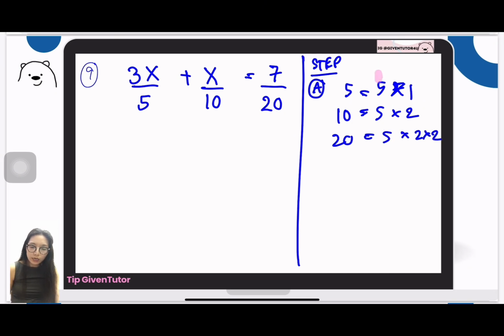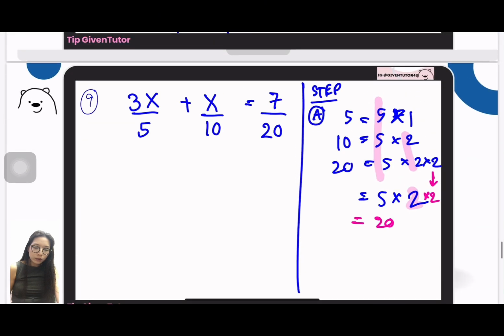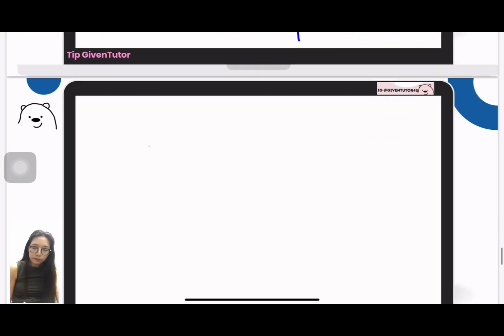So what we have right here is the 5 first, and then the next is the 2, and then the 2 again. The first will be written down in here too, so the 20. After we understand this one, copy for number 9.